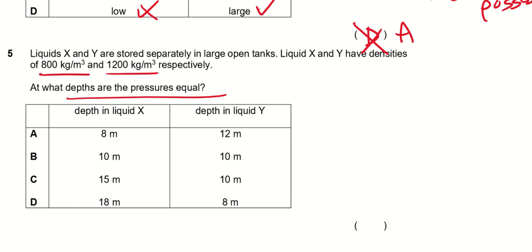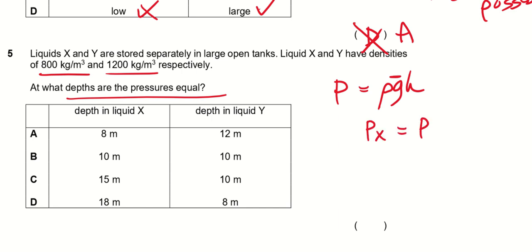Okay, so then we need to assume some things. What is the liquid pressure? Pressure equals rho g h, right? We need to state that g is the same. The density, of course, is different. The height is also different. So comparing between these two cases, what is common between them?